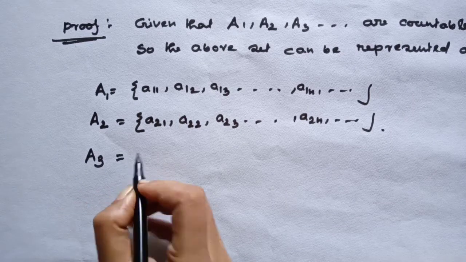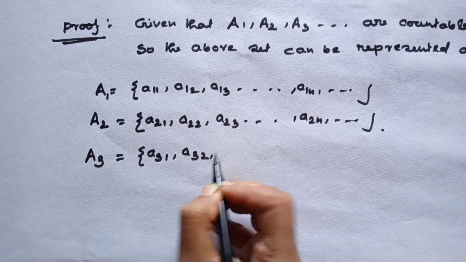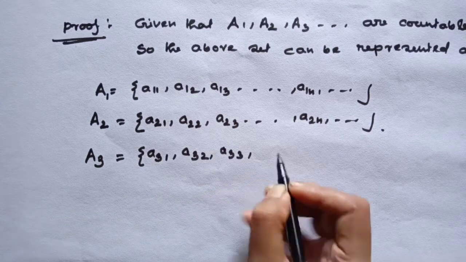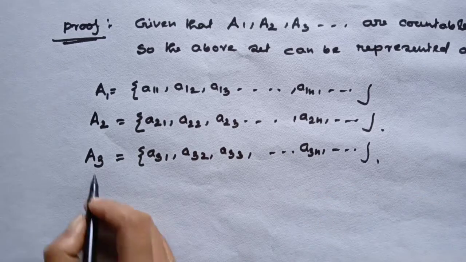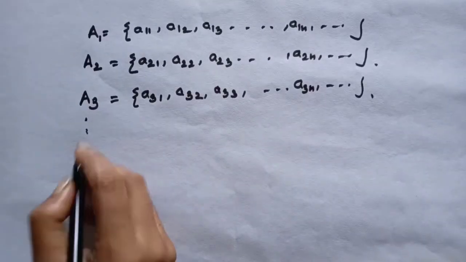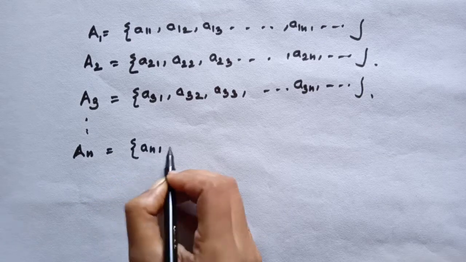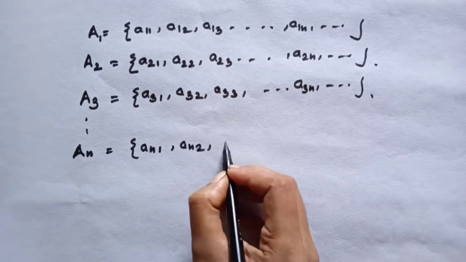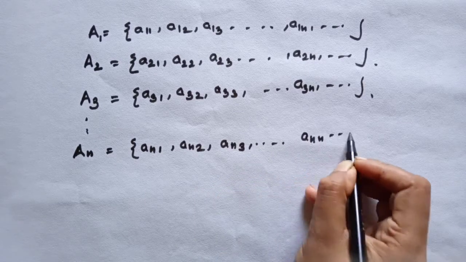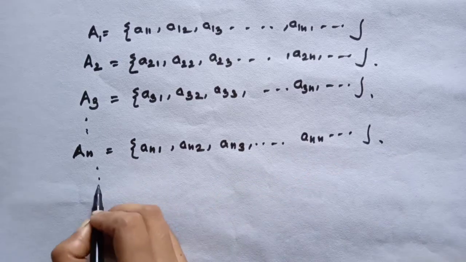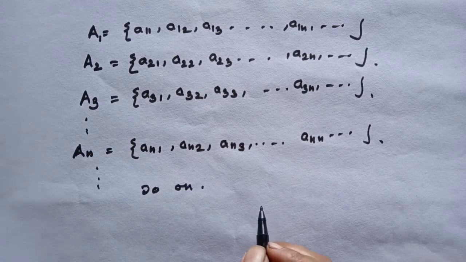A3 equal to A31, A32, A33, up to A3n. Similarly, An equal to An1, An2, An3, up to Ann, and so on. Have you understood? Okay.